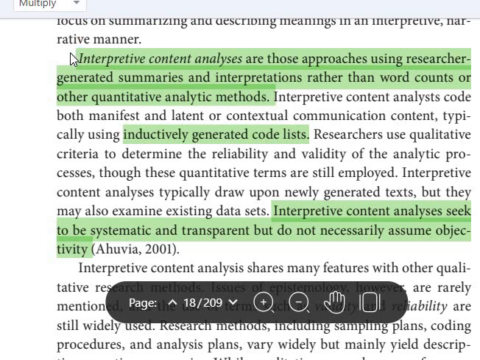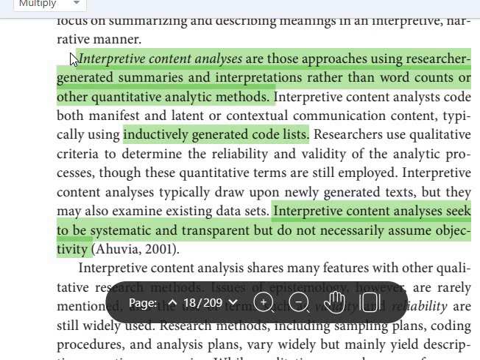This is a huge difference between the interpretive and the previous one, the basic one. The basic content analysis focuses on counting, on the quantitative approach.